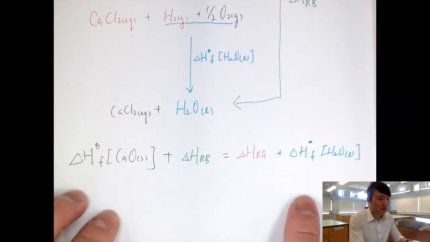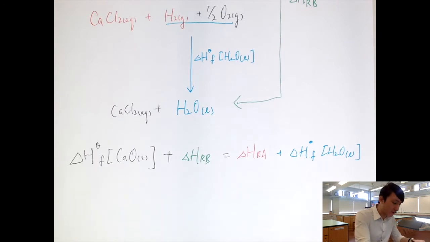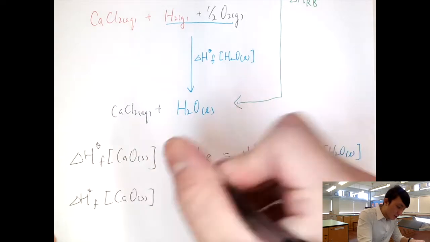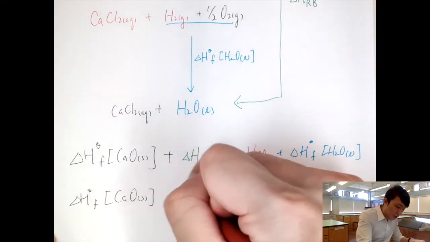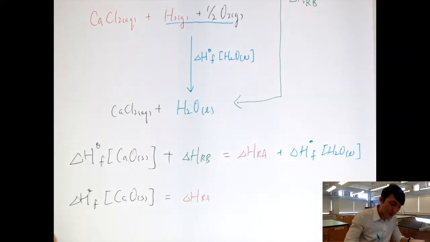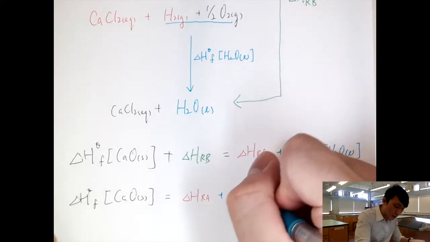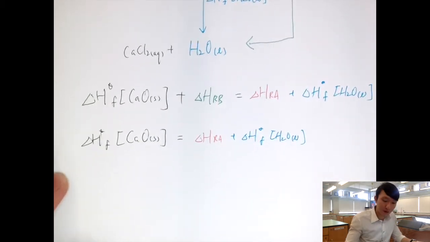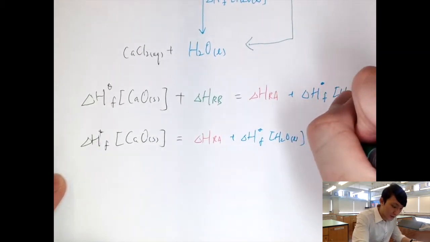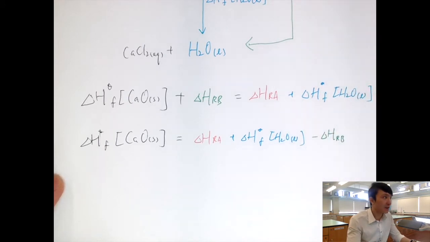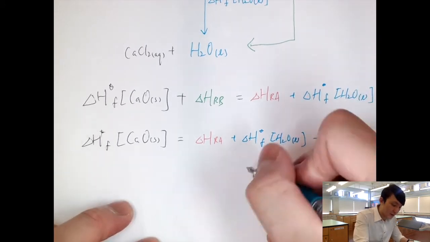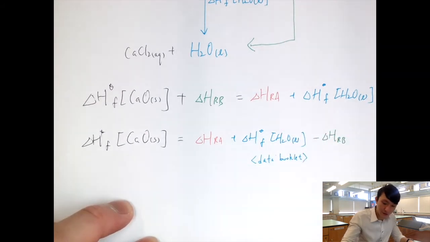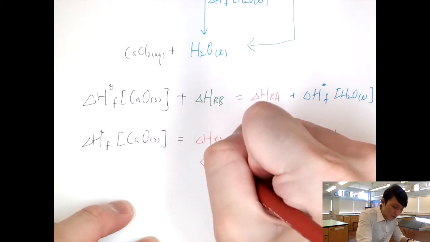If you get this equation, you can rearrange the terms, and then you will have delta H naught F CaO equals delta H R A plus delta H naught F water minus delta H R B. This one is from the data booklet, and these two are from your experimental results.